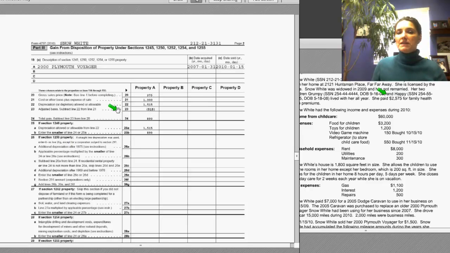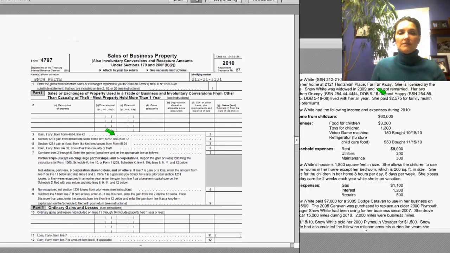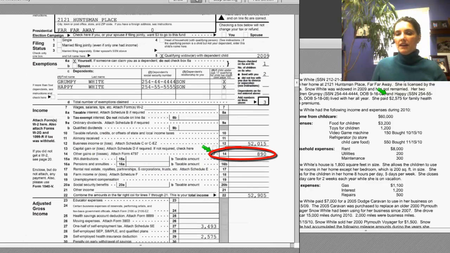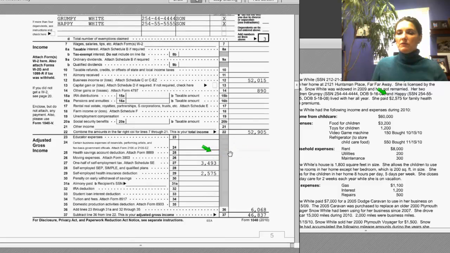That gives us an adjusted basis of negative $515, and a gain of $890, all of which is attributable to recapture of depreciation. $890 will carry up to line 14 of the Form 1040. And here we have $890. So I think we've pretty much covered page 1 of Form 1040.